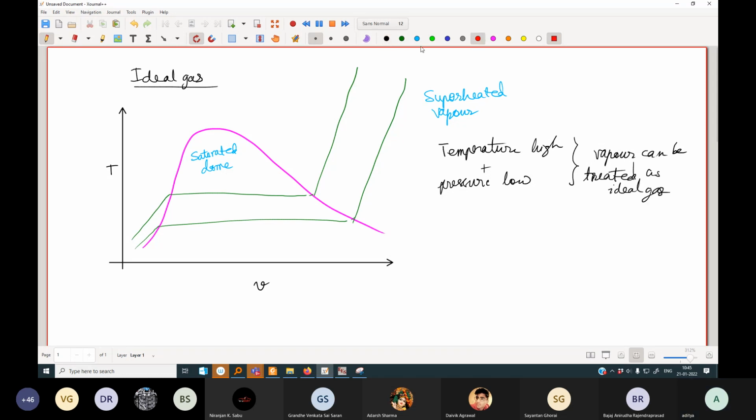Meaning, like this spot over here, I've just drawn the boundary arbitrarily, but this spot is like the edge where now you need to start treating it as a real gas. Over here, you have some error, but this region can be modeled as an ideal gas.